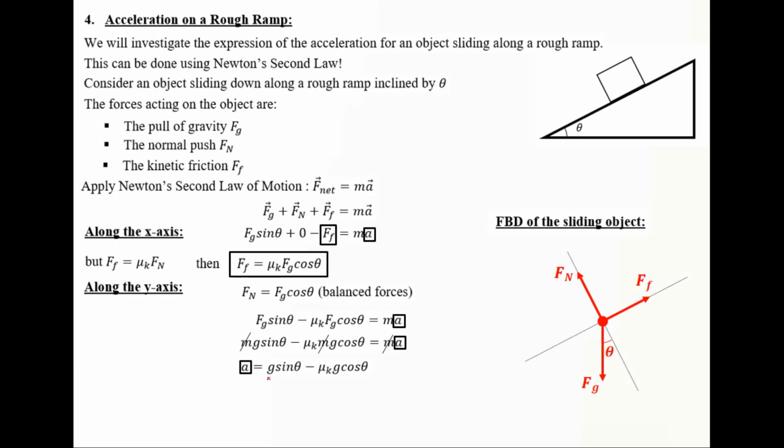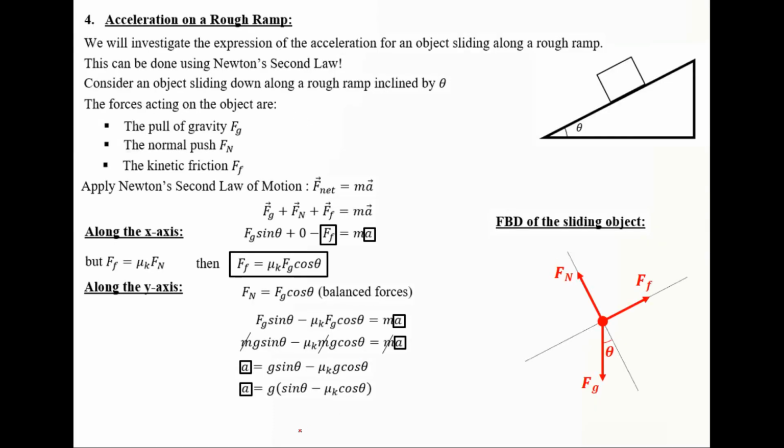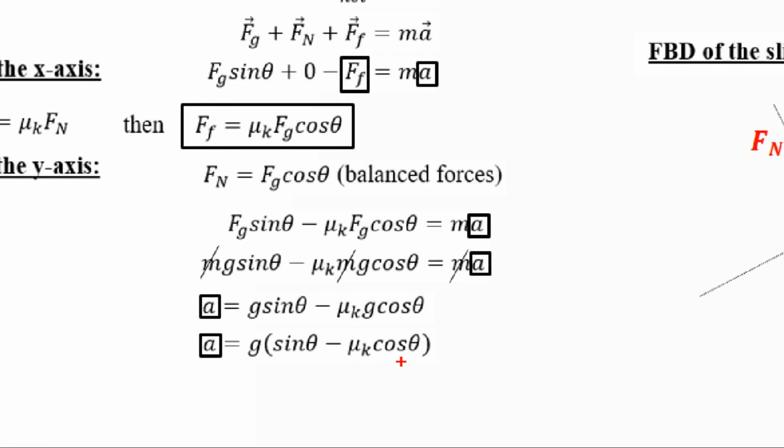And in this case, the modification of the acceleration is given by g sine theta minus mu k g cosine theta. In order to understand more, we can factor out g, and the acceleration along a rough ramp would be given by g as a factor, sine theta modified by this term mu k cosine theta. And here notice that all the units are in agreement. Why?